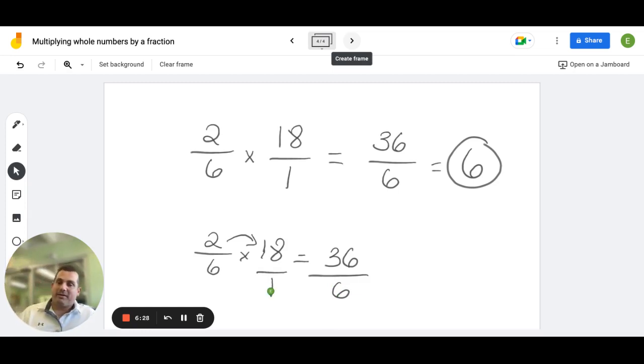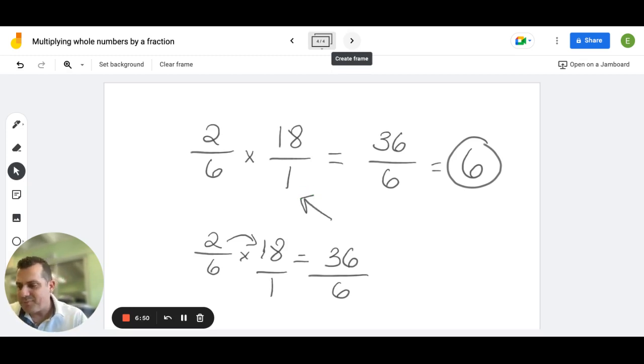I put it over 1. That just makes it easier for myself. But if you don't, and you know to just multiply your numerators across, because your denominator is going to be 1, that's fine too. It's whatever works best for you, but this is what works best for me, is showing it with a 1 underneath.